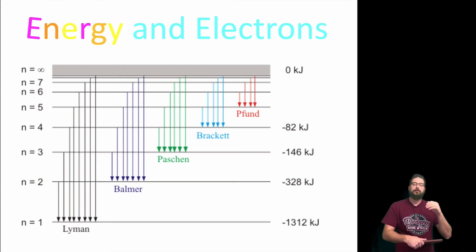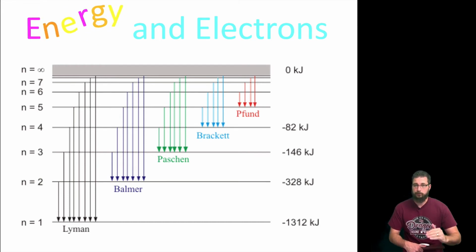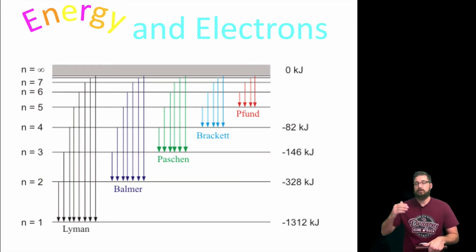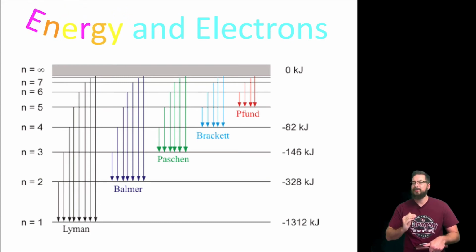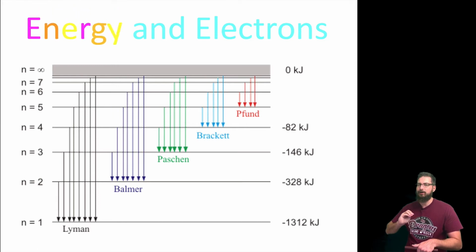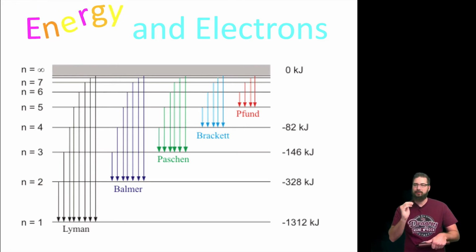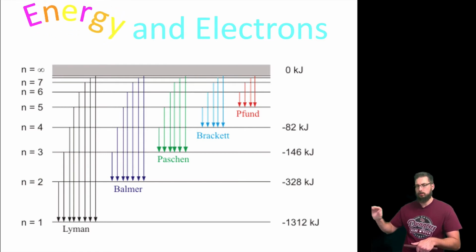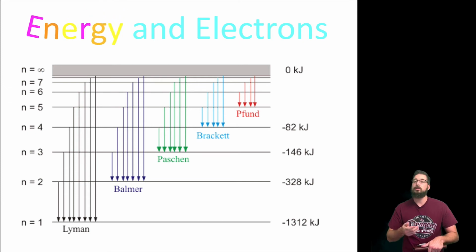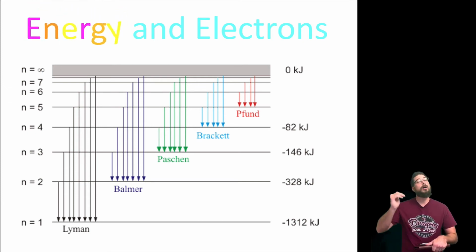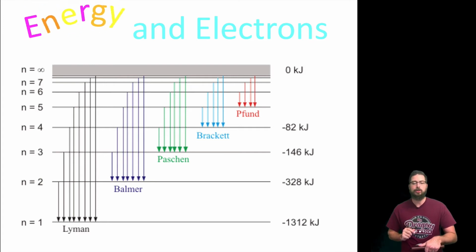So if we were to think about an electron falling from the second energy level to the first versus an electron going from the sixth to the fifth, the one that goes from the second to the first is going to give off a higher energy wave. The one going from the sixth to the fifth is going to give off a smaller energy wave. And so you will need to know this. You do need to understand that as we go up in energy, the amount of energy that it increases gets smaller.